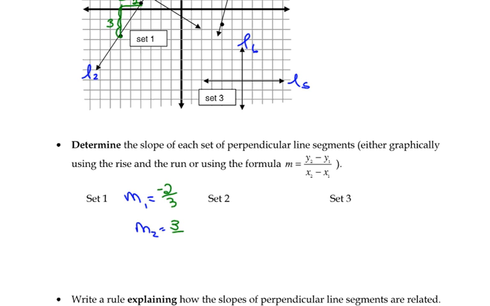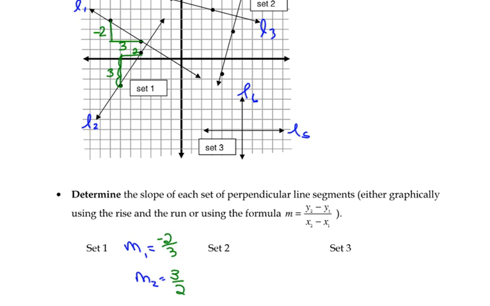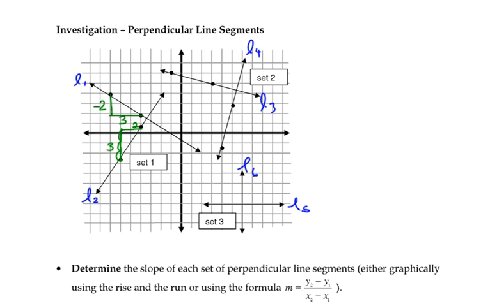Up 3, right 2, those are both positive directions. Okay, set 2 was our slopes for 4 and 5. Again, I'm sorry about the way these worked out. Let's start with our 4. We start with the point on the left-hand side, and then our rise is first. Are we going up or down?